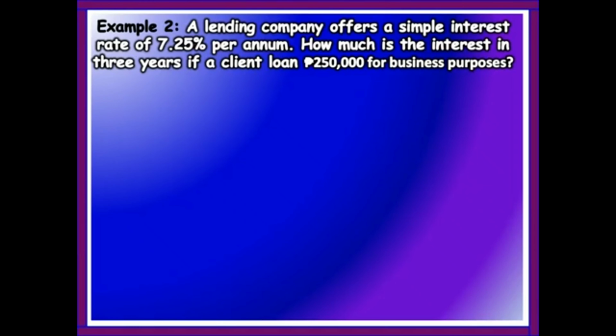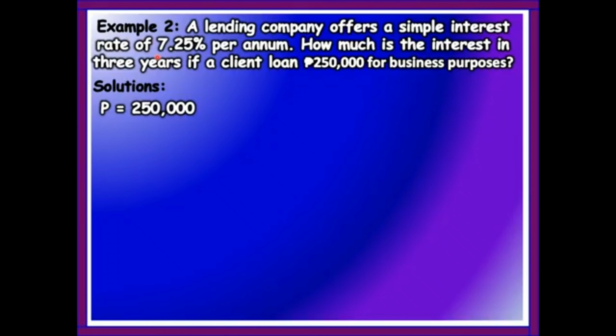Example number 2. A lending company offers a simple interest rate of 7.25% per annum. How much is the interest in 3 years if a client loans 250,000 pesos for business purposes? So let us start with identifying the given here. So there is 250,000 pesos, and that is your principal amount, or that is P equals to 250,000.